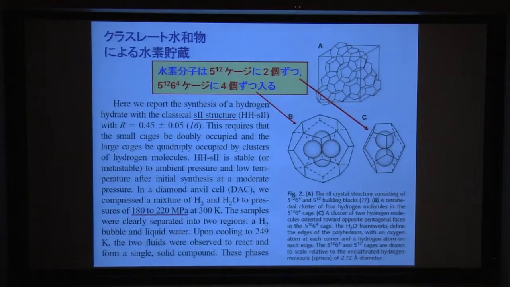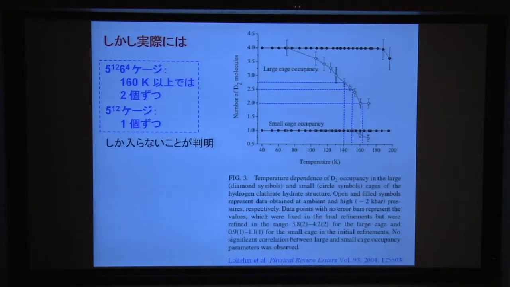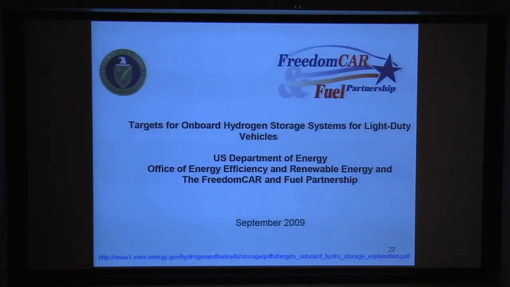So with a lower pressure, can we get hydrogen storage within the hydrate? There have been active studies going on, but the amount wouldn't be as much as the Chicago group achieved, and especially when we try to store it at 1 megapascal, then we would have a lower probability.